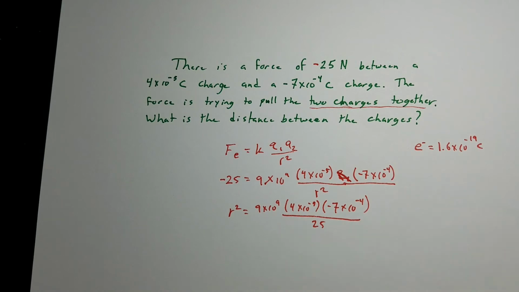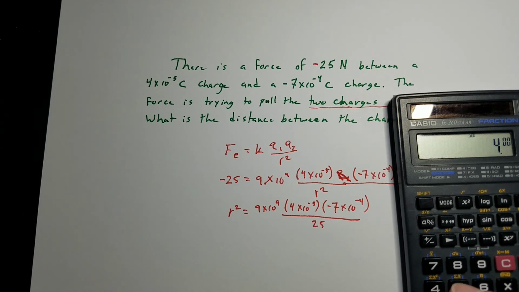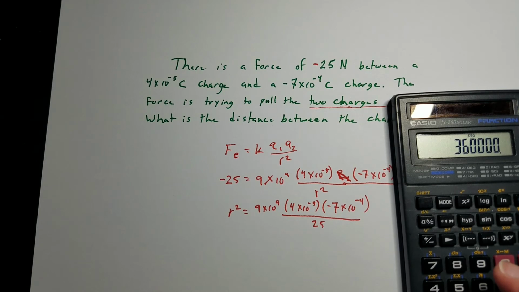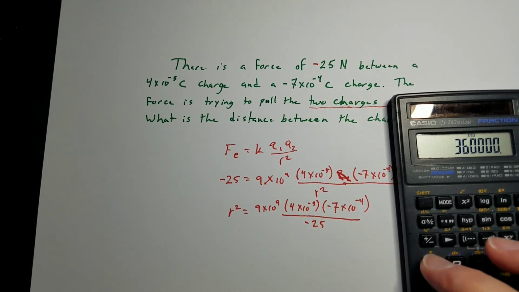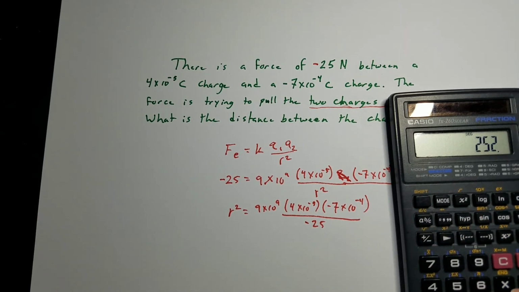And then we'll take the square root of it after we get this calculated. So 9 times 10 to the ninth times 4 times 10 to the minus 5 times 7 times 10 to the minus 4 divided by 25.